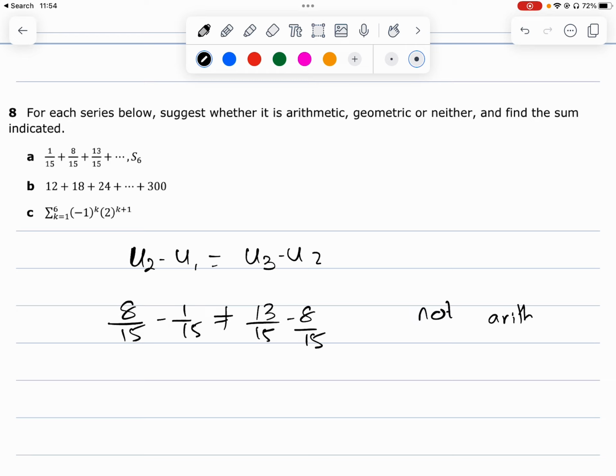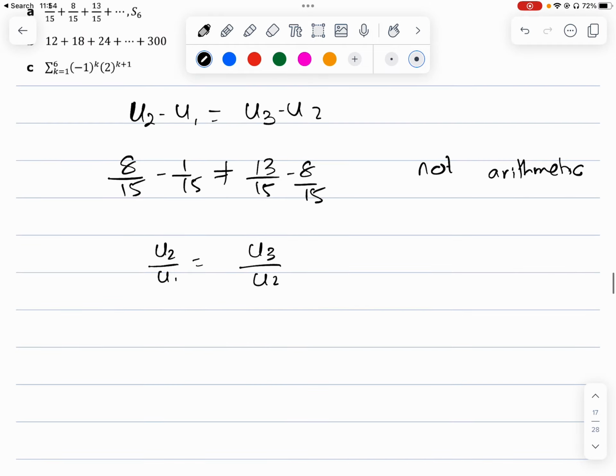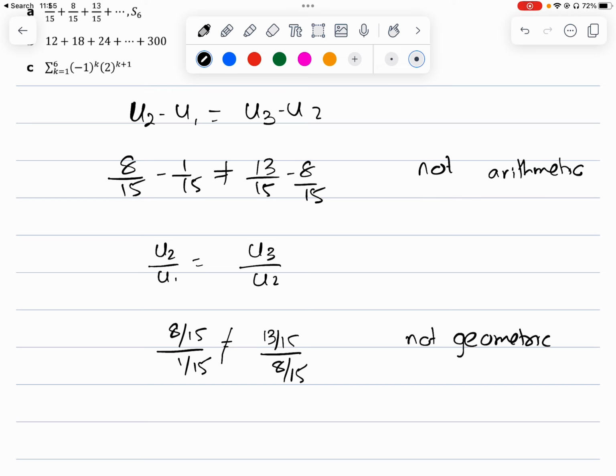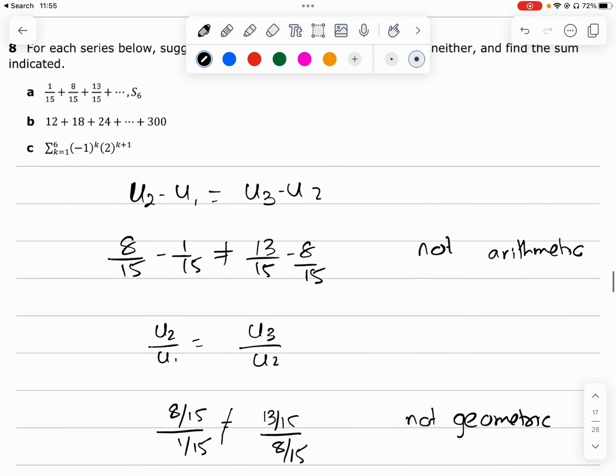Similarly for geometric, u2 upon u1 should equal u3 upon u2. So 8 upon 15 divided by 1 upon 15 is not equal to 13 upon 15 divided by 8 upon 15. So it is not geometric. Then we cannot find the sum.